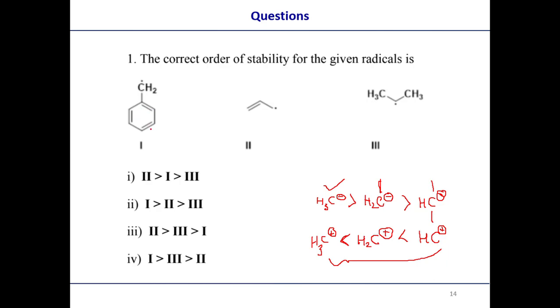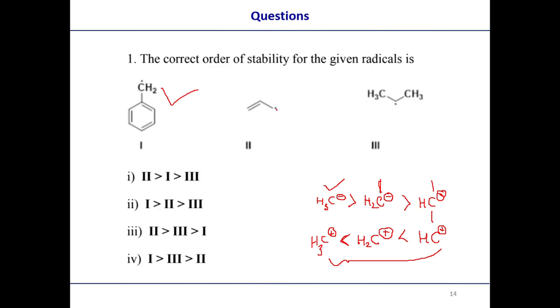So this is in extended conjugation. This is called extended conjugation. So this radical is stabilized by this phenyl ring because it has three pi bonds. So this radical becomes stable because of the presence of pi bonds, and because three pi bonds are there, that means it is the most stable one.